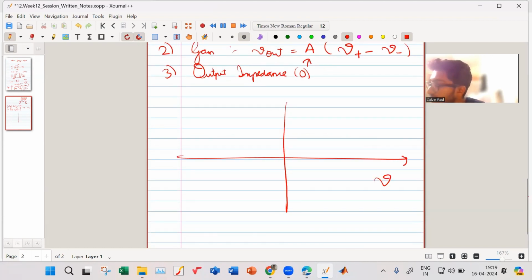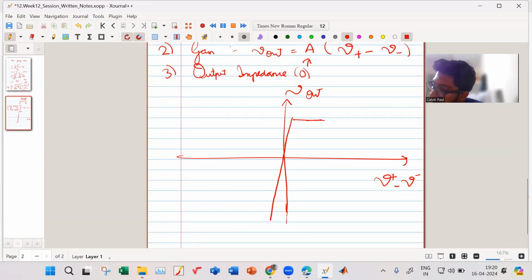Assume on your x-axis it is V plus minus V minus, and over here it is V output. It is linear for some range and then it saturates at the supplied voltage.